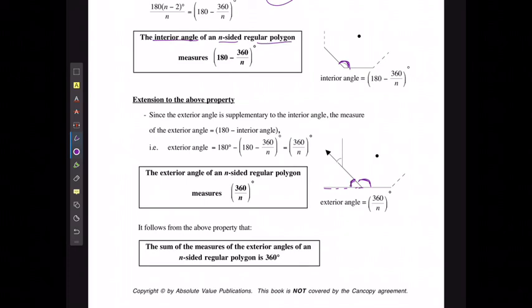So if I had 180 minus the interior angle, then it'd be 180 minus (180 minus 360 over n). Well, the 180s will cancel out, which means this outside or exterior angle is literally just 360 over n.